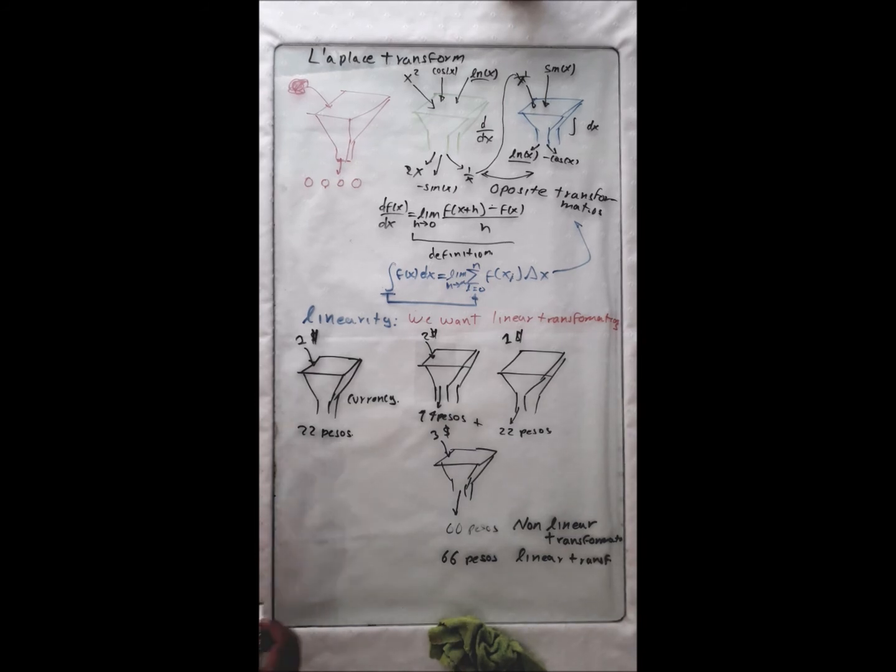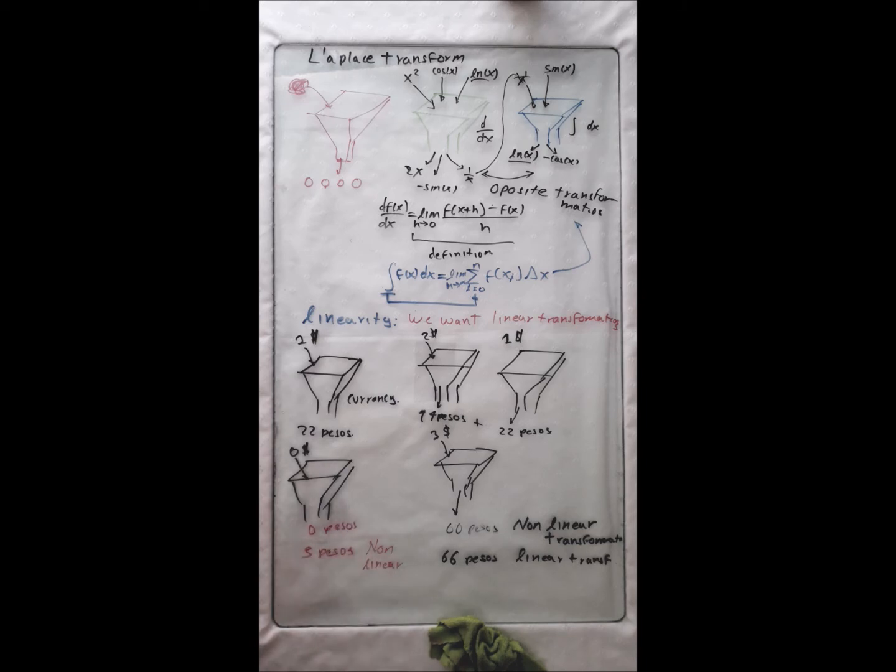Now, imagine another example. You have the currency transformation machine where you throw $0. Now, what do you expect to get as an outcome? What if you get 5 pesos? That is not possible, so that is non-linear. What you expect is that if you throw $0, you get 0 pesos.